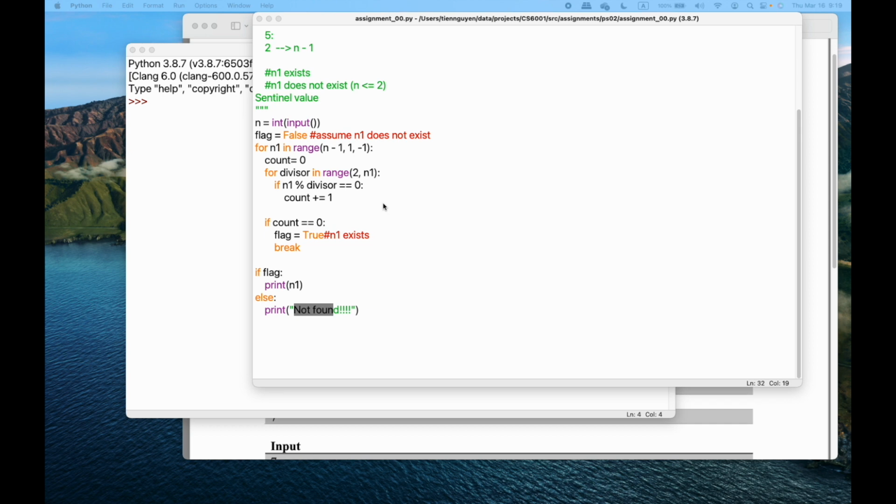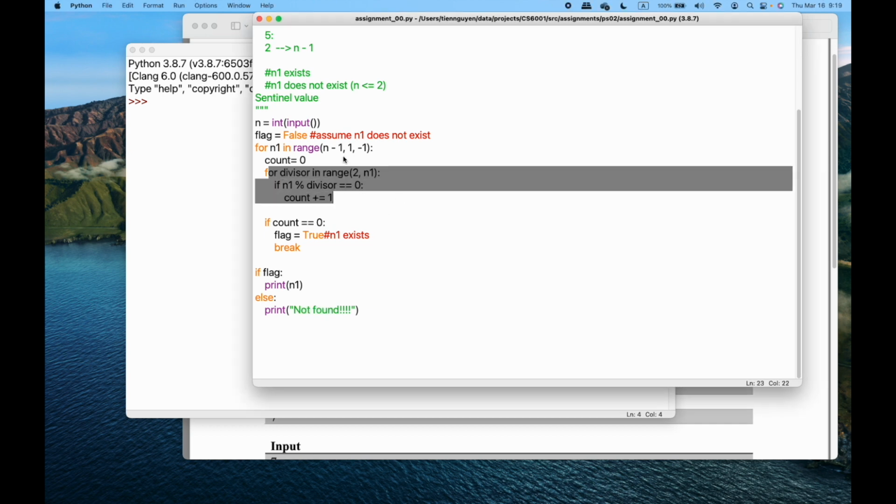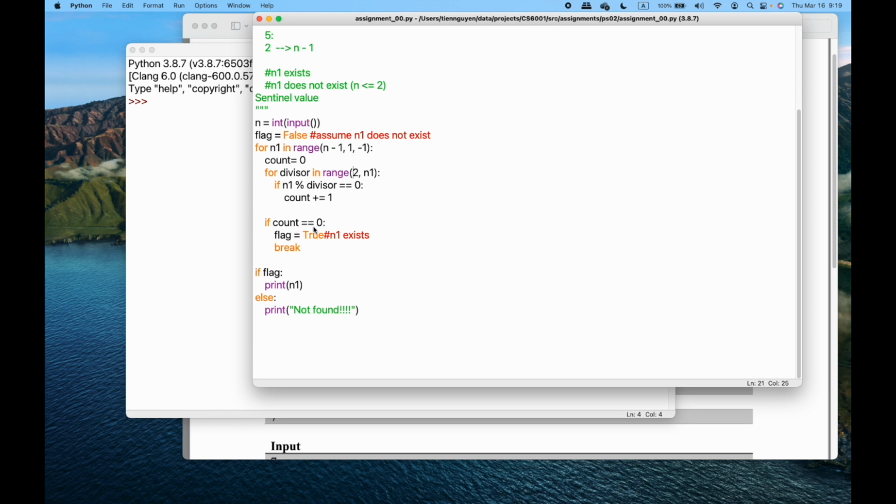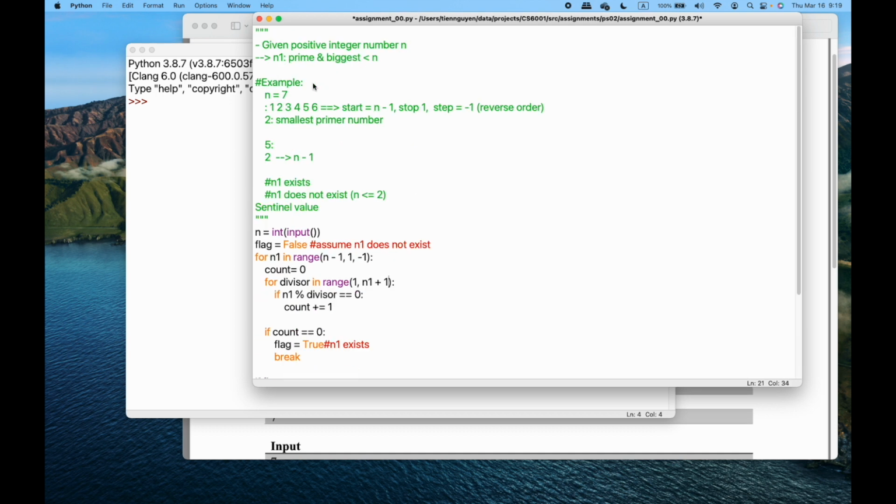I'm going to explain a little bit about this for loop. In the previous video, we considered the count of divisors equal to 2. But here, we consider 0. Why? Because in the last video, we moved from 1 to n. But consider here, if a number is a prime number, it means it doesn't have any divisors in the interval from 2 to n minus 1, because it only has two divisors: the first one is 1 and the second one is itself.